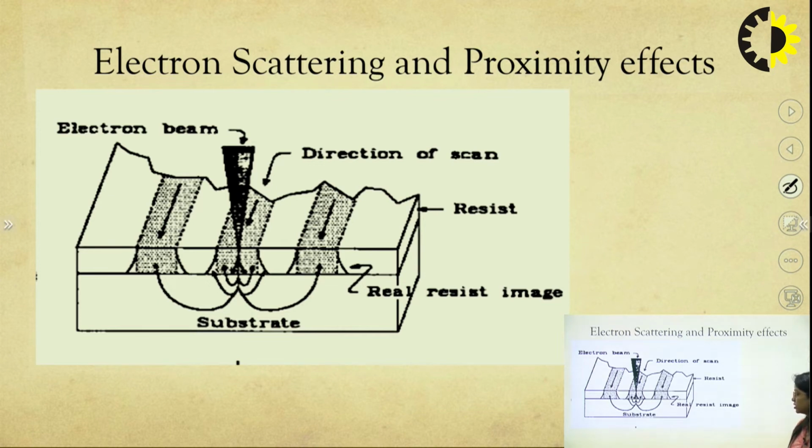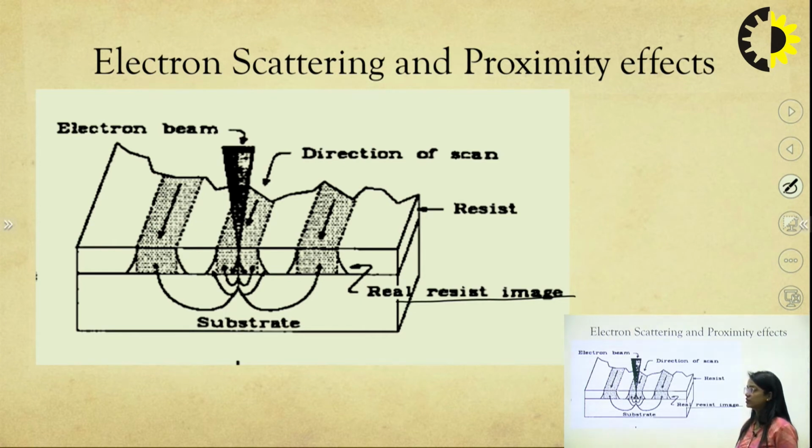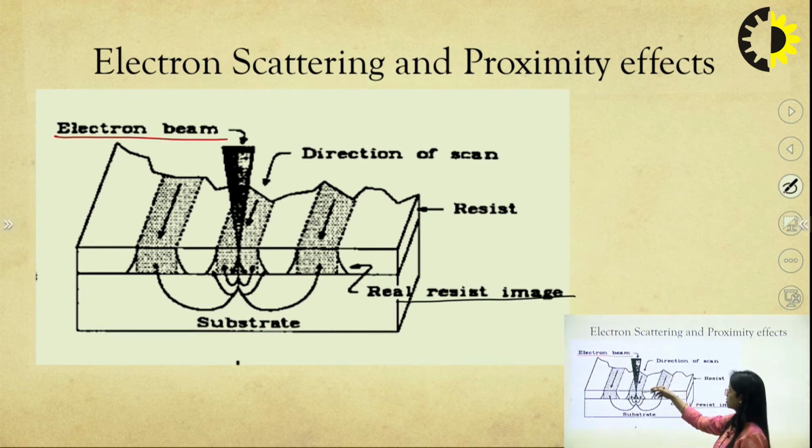On the substrate we have a real resist image, which means the resist we are using in this prototype is shown here. Now at the top we have an electron beam. We can see that this electron beam is focused and this is the direction of scan.